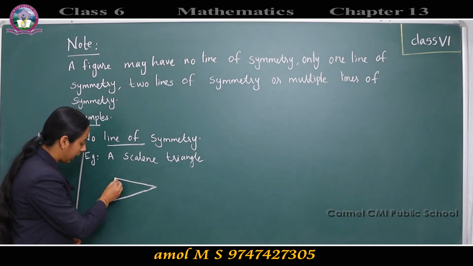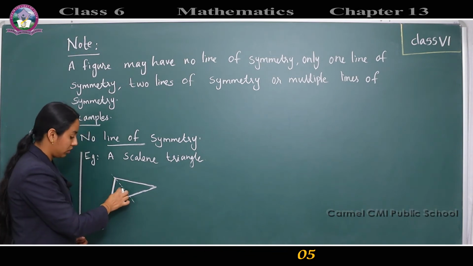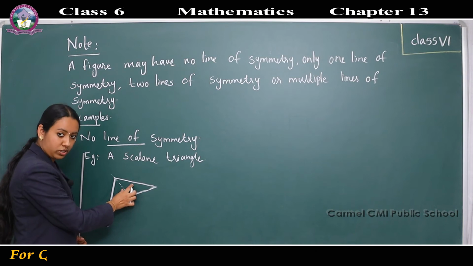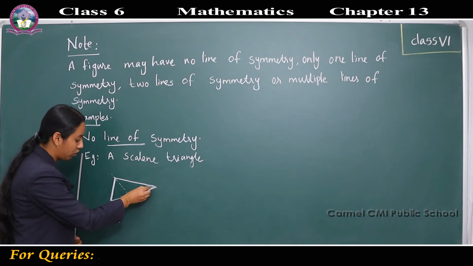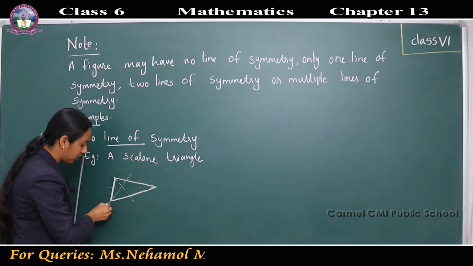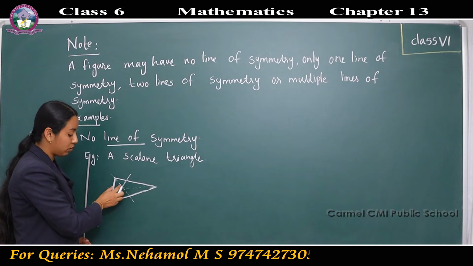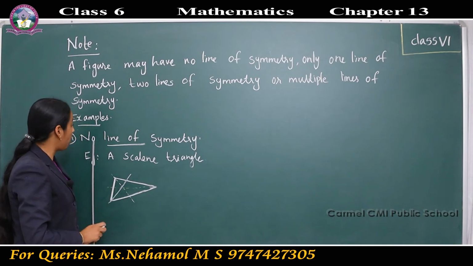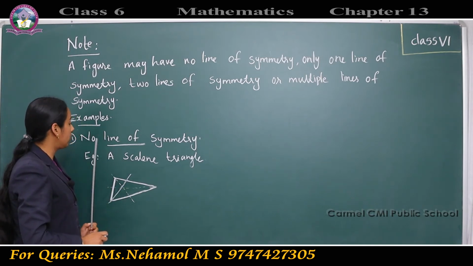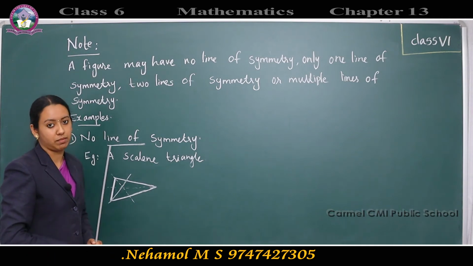If we draw a line of symmetry this way, these two parts are not identical. If we draw this way or this way, then also these two parts will not be identical. So for a scalene triangle, it has no line of symmetry.